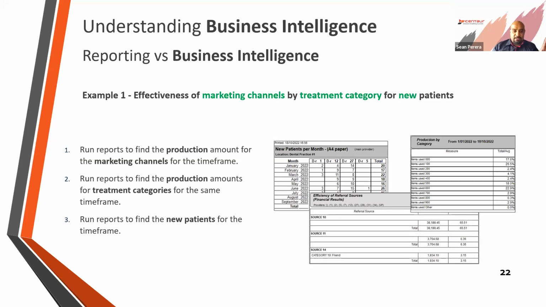We're looking at three dimensions: marketing channels, treatment categories, and patient type. If you were to do this using reports, you have to do three things: run a report to find the production amount for the marketing channels, run a report to find the production amount for treatment categories, and run a report to find the new patients.